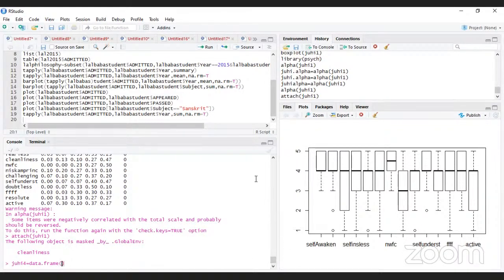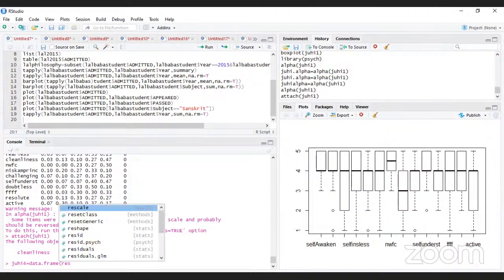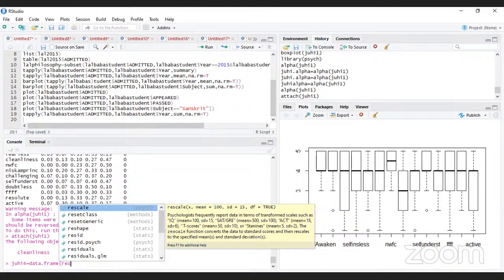Then can you tell me what are the items highly correlated? I have told you now. I noted down three, sir. I left out one. I have written down active, resolute, self-control. Yes, resolute. So what is resolute?